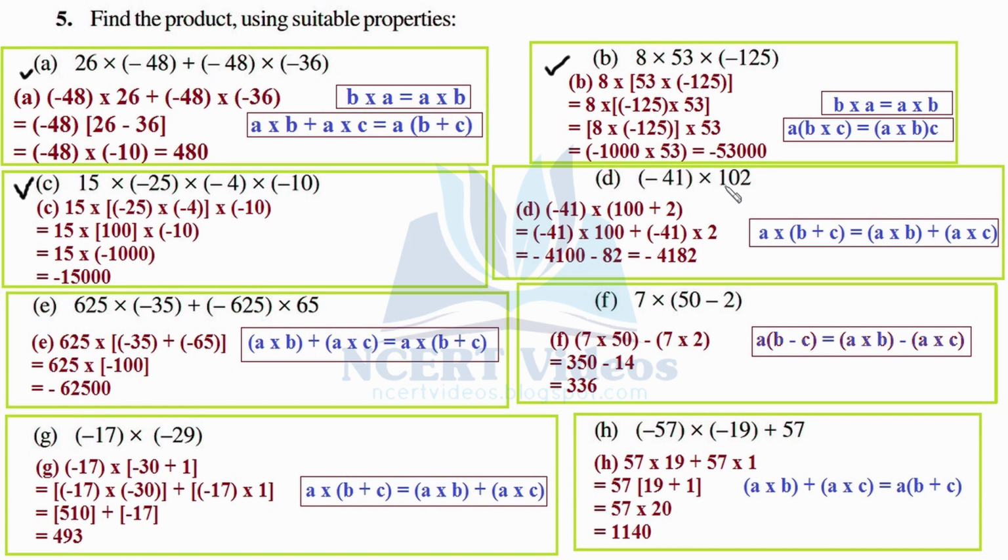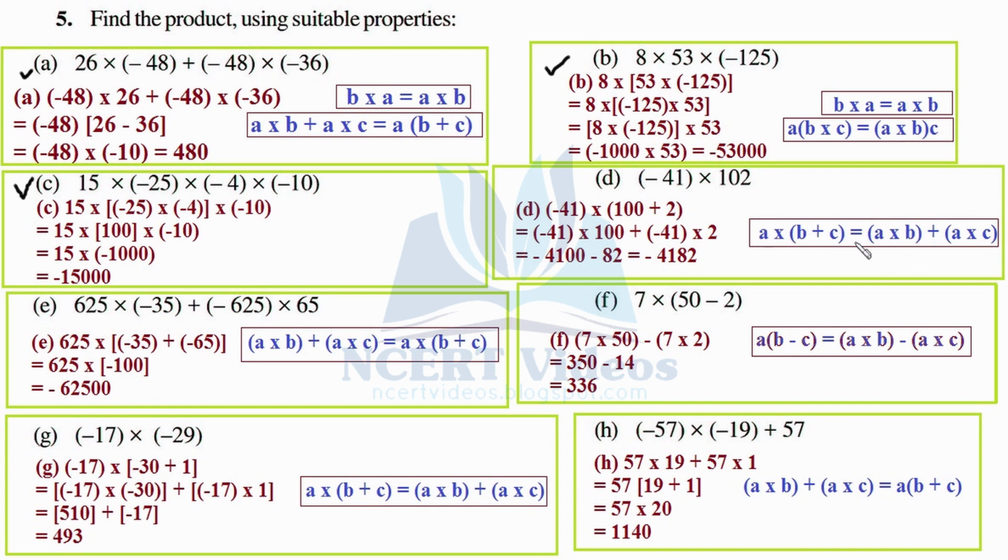Now here when we look at the terms, it is not easily multiplied. So we use our brain and split 102 into 100 plus 2 because we will multiply it in pairs. So this is the distributive law over multiplication. Now you multiply minus 41 with 100 first, and then you multiply minus 41 with 2, and then you add it.